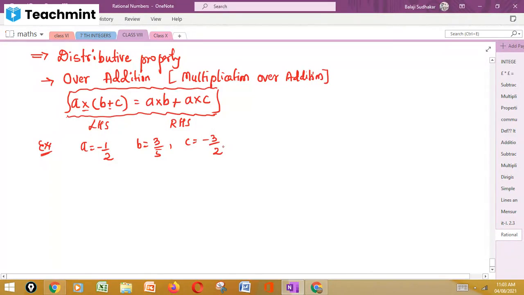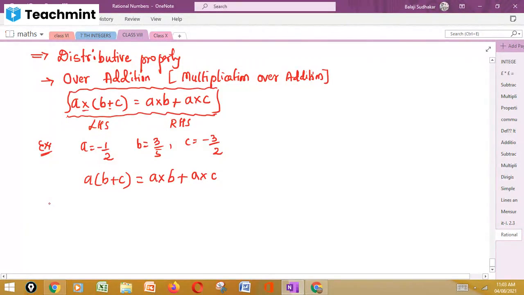Let us check the formula: A into (B plus C) is equal to A into B plus A into C. Is that right? Yes, sir.